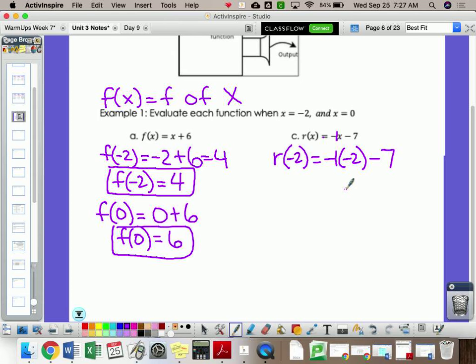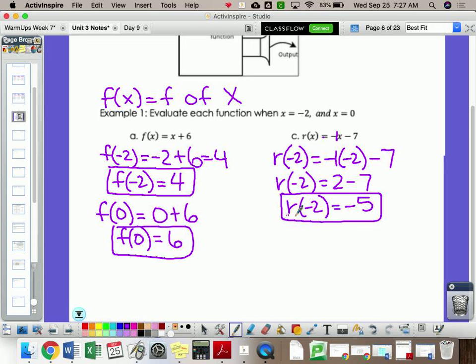So when I plug in that -2, I have -1 times a -2, which is going to give me a +2. And then 2 minus 7 would give me -5. So within the function of r, when x is -2, it equals -5.